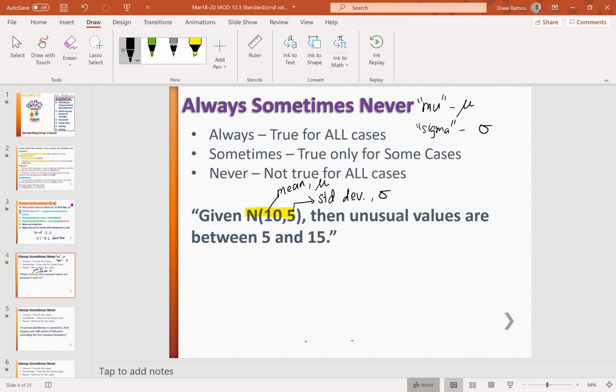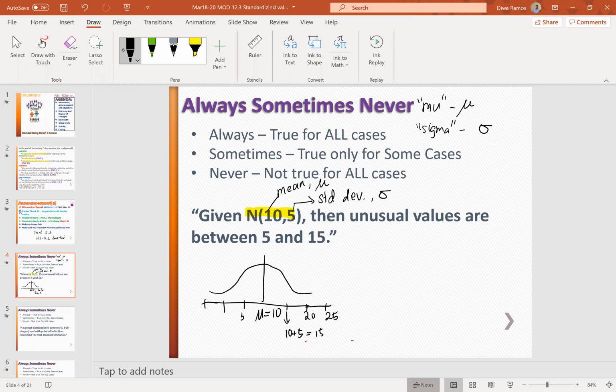So the question is, if we do have a normal distribution centered at 10, so this is our mu, which is equal to 10, and our sigma is 5. So it starts to spread from the center outwards by 5 units, which makes this part 10 plus 5, that's 15. This is 20. This is 25.